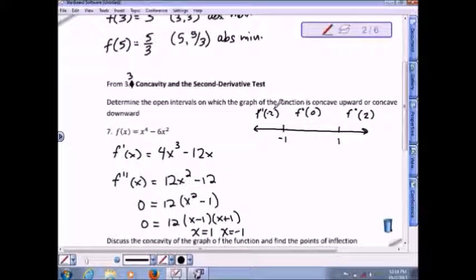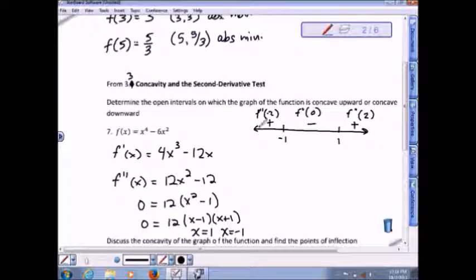If a -2 is plugged in, -2 squared is 4, minus 1 is 3 times 12, that's a positive value. But if 0 is plugged in, 0 squared is 0 minus 1 is negative times 12, it's a negative value. And here 2 squared is 4 minus 1 is 3 times 12, it's a positive value.